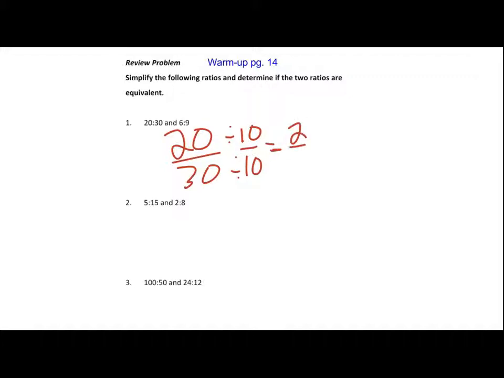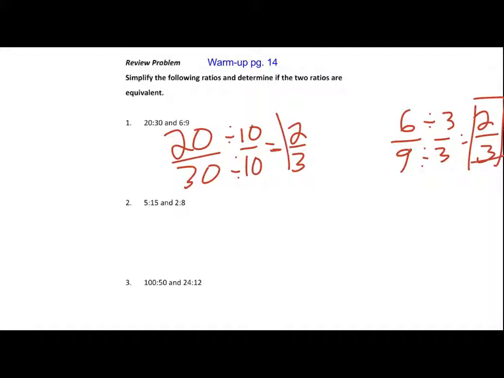This gives me 2 to 3. And then over here, I'm going to reduce my ratio of 6 to 9, and I know my greatest common factor between these is 3, so I also get 2 to 3. So yes, number 1, those ratios are equivalent.